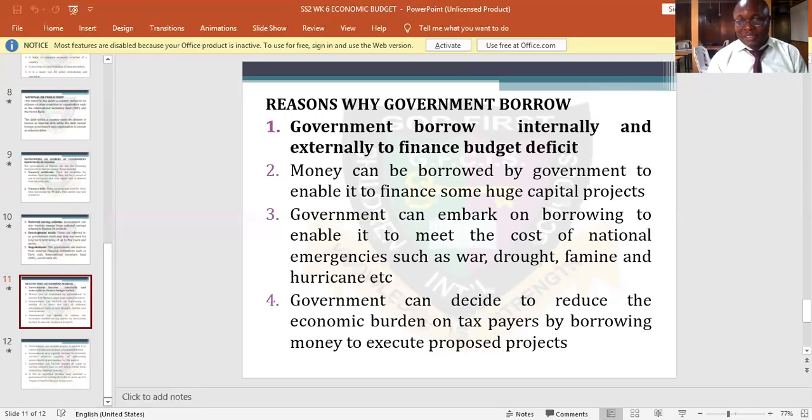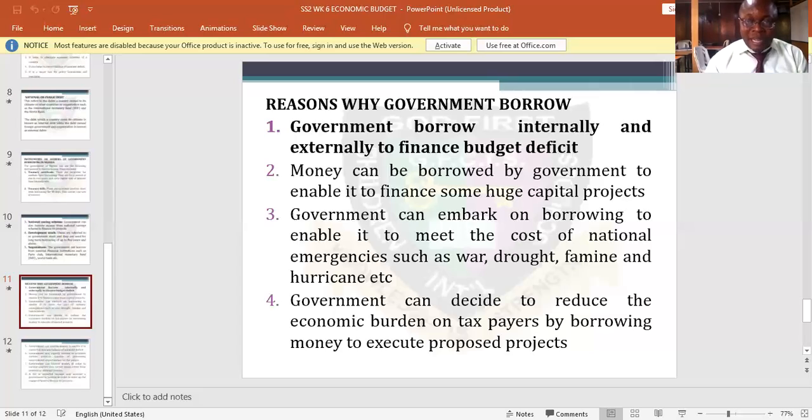That is, the government is not making profit, they are making loss. So that simply means what they spent in a year is more than what they realize as an income. So that is one of the reasons why government also borrow money from other countries.